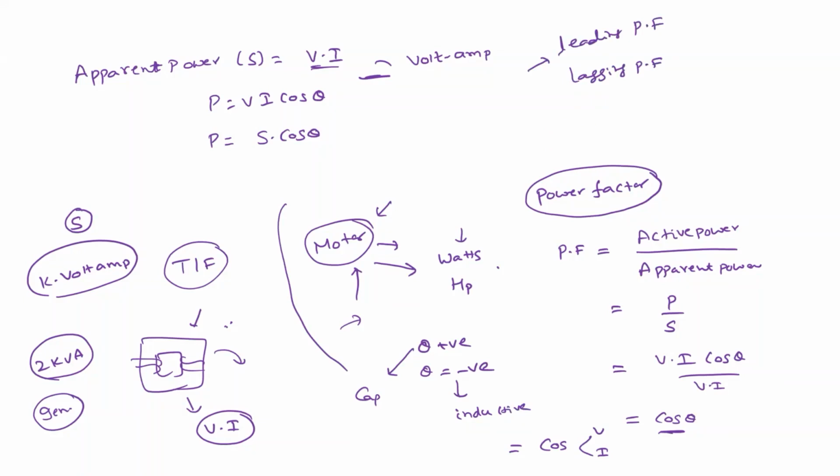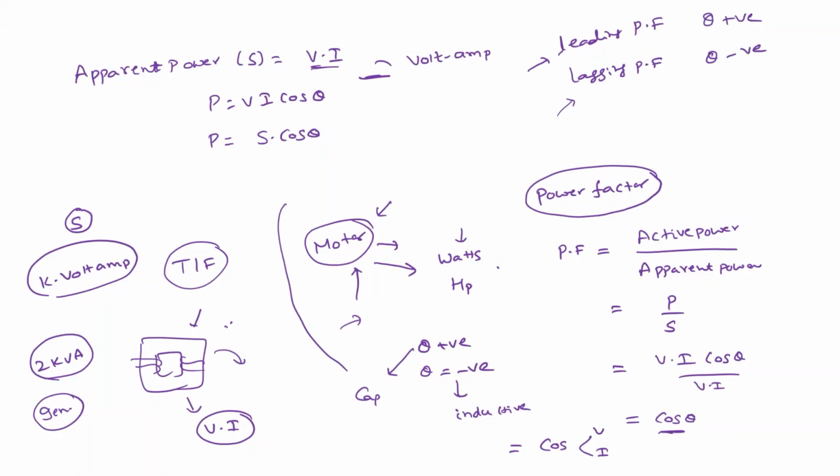For inductive loads, the current waveform lags the voltage waveform by a certain angle, and that is known as lagging power factor. Leading power factor for capacitive loads, lagging power factor for inductive loads.